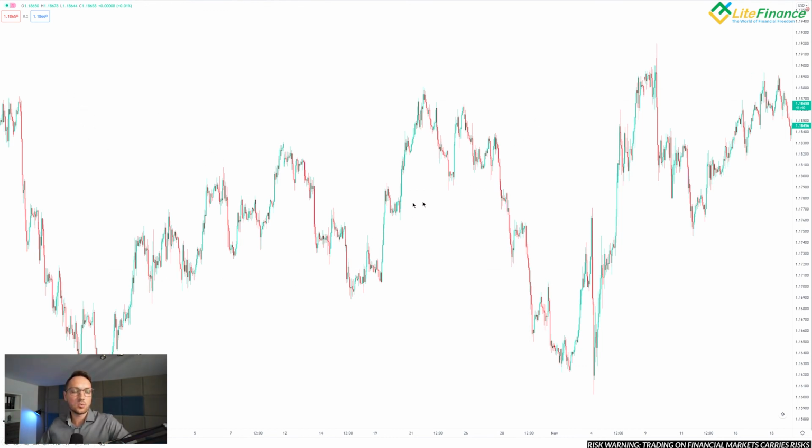On the other hand, here we have a clear triangle, right? After making a significant move to the upside, very strong green candles again, but the range started to tighten, and therefore suggesting to us that, hey, maybe it is a triangle, maybe it will continue.